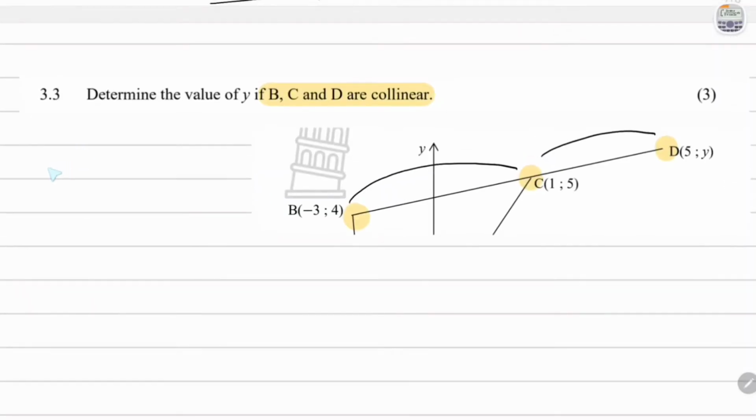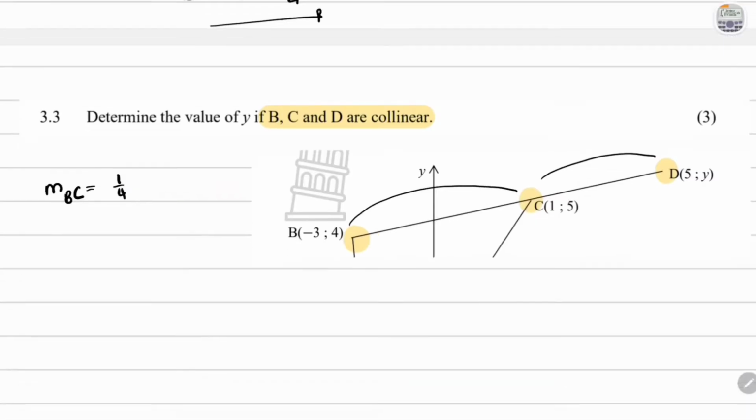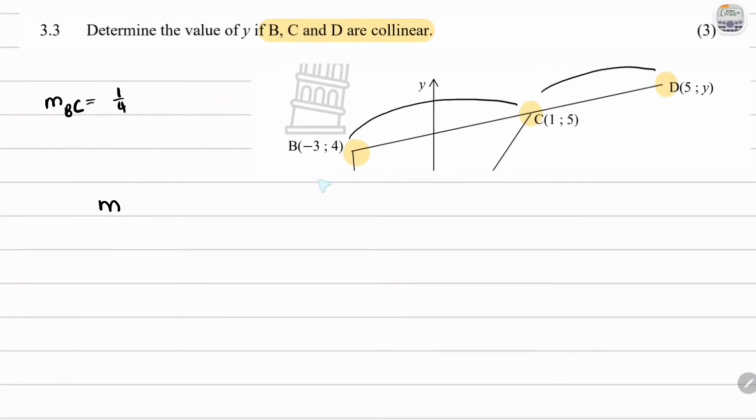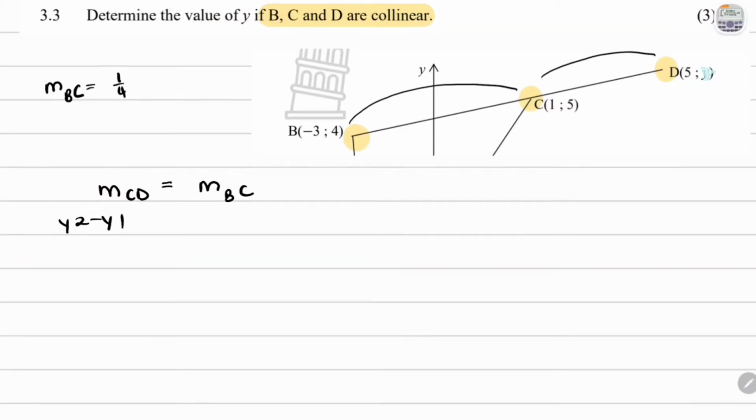Okay, so we already know that the gradient of BC is 1 over 4, which we found. So let's find the gradient of CD, but make that equal to the gradient of BC because we know they're collinear, they lie on the same line. So finding the gradient of CD, you can say y2 minus y1, so this would be your y2 and that's your y1.